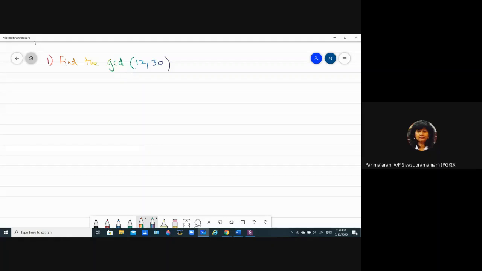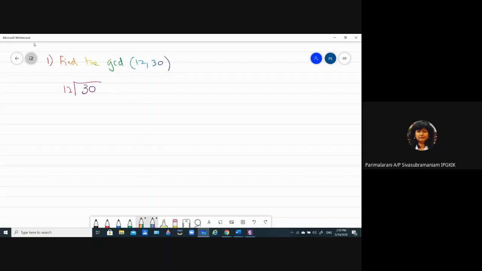First we choose the larger of the two numbers. Which is larger here? 30, right? So 30 is the larger number. So 30 divided by 12.